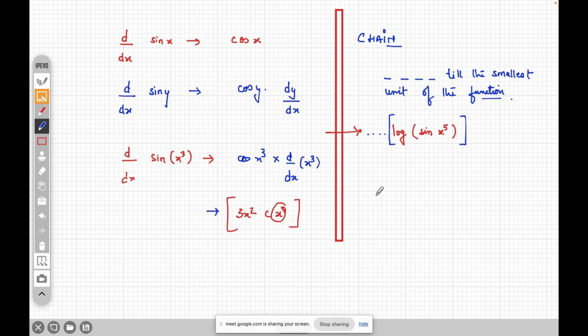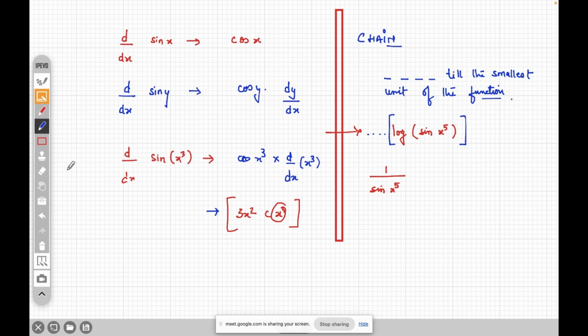Differentiation is breaking a function. I am running with a hammer, I found the log, I hammered the log, and I know whenever I hammer the log, it becomes 1 upon whatever inside it. Yes or no? I remember this.